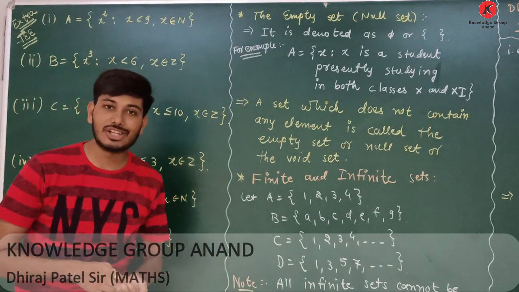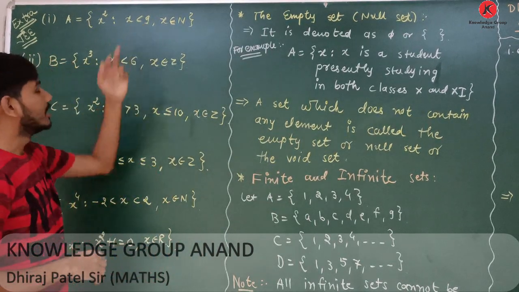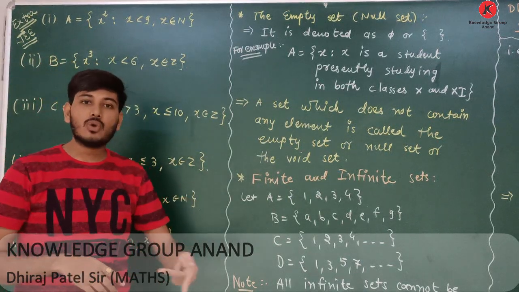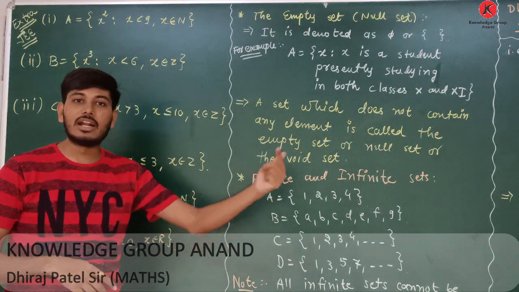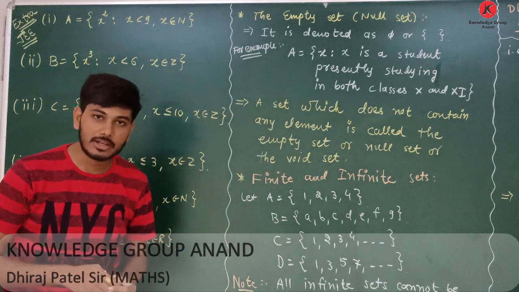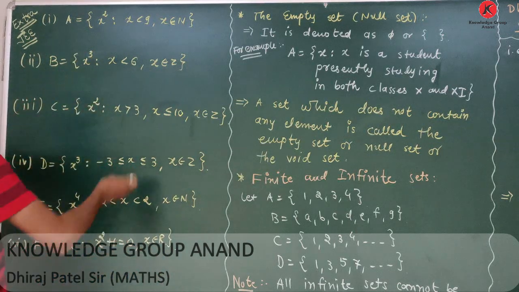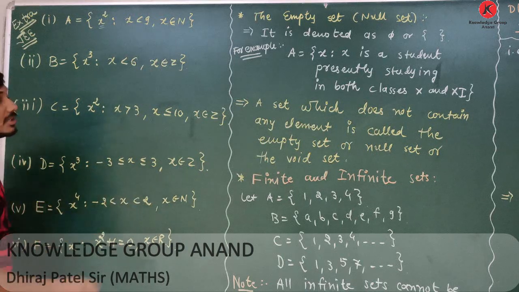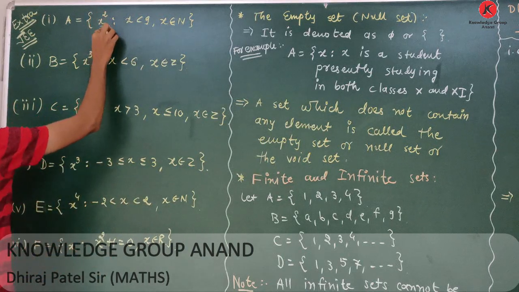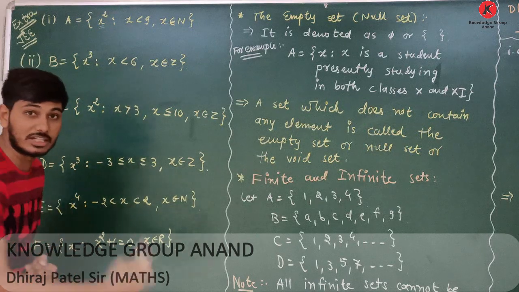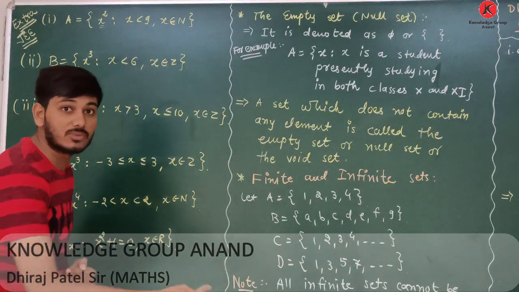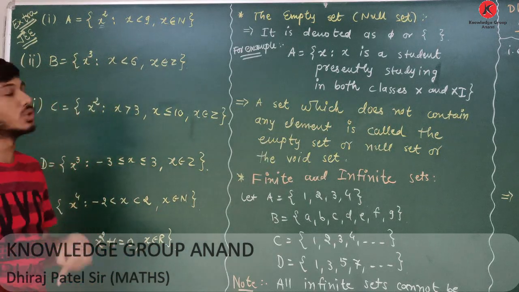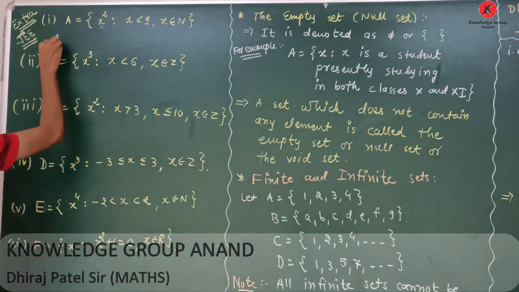We know that the natural numbers which are less than 9 are 1, 2, 3, 4, 5, 6, 7 and 8. Now see here, in this question first x square is there. We have to write the x square. And what is x? 1, 2, 3, 4, 5, 6, 7 and 8. These are the values of x and we have to write the value of x square.